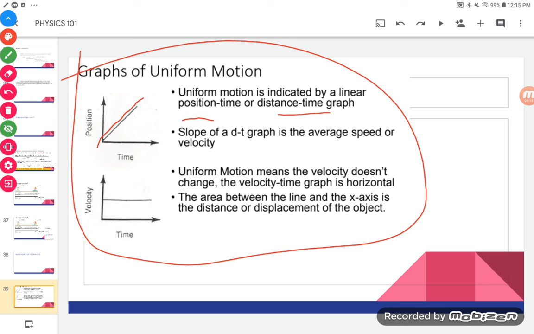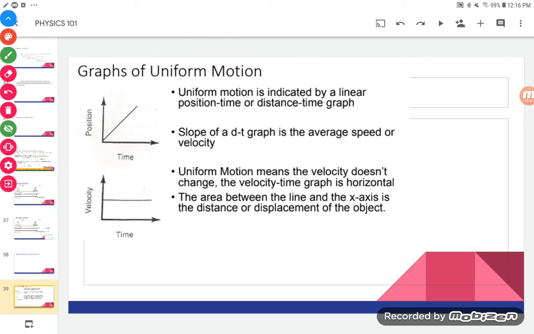So if you're describing uniform motion on a velocity time graph, this line is going to be going straight across. Velocity over here will be speed, and this will be time in hours. So it'll be 80 kilometers an hour over here, and if it's uniform, you know it's remaining the same, so it'll always be a parallel line, okay.